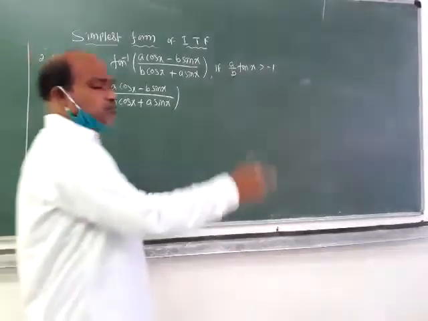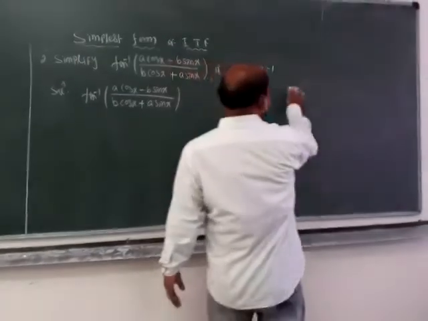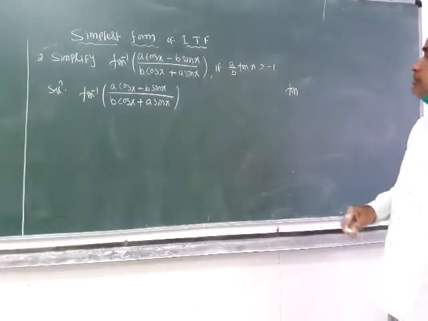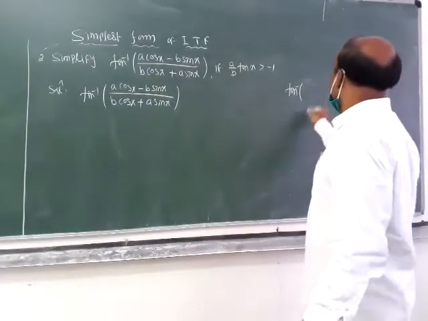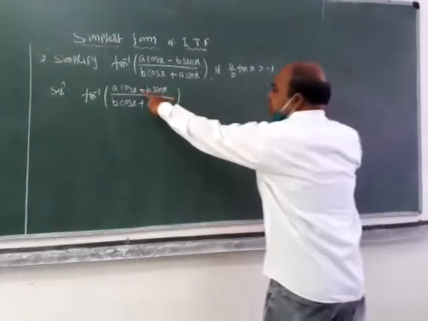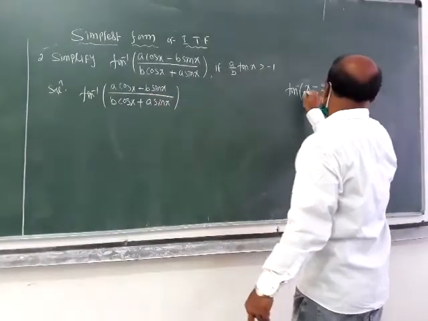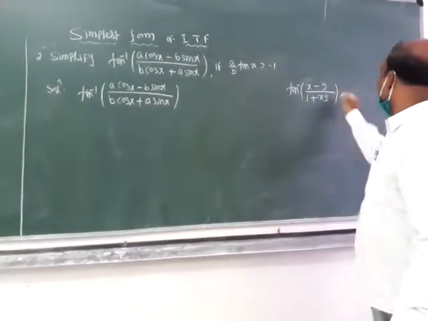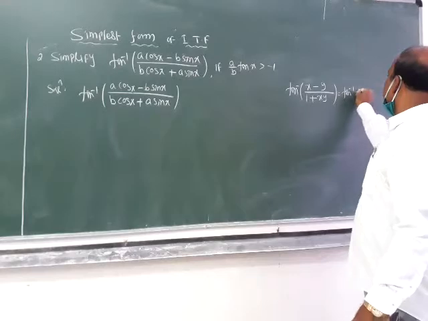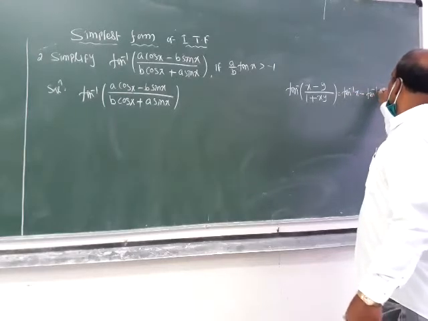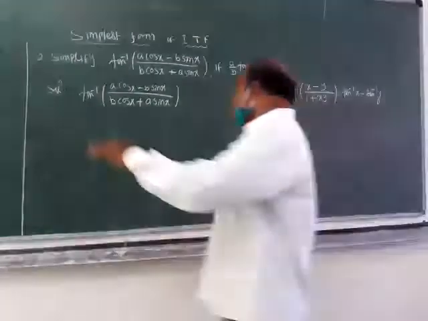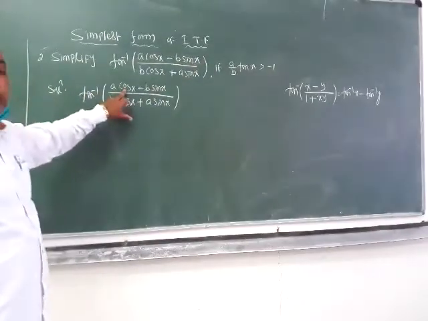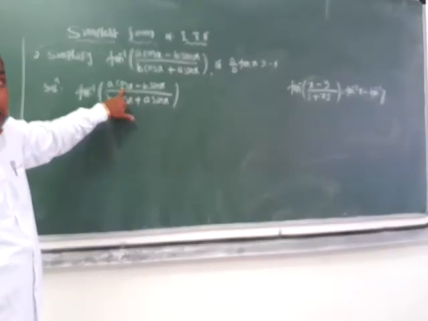Before that, one point I say here. We know that tan inverse x minus tan inverse y is equal to tan inverse of (x minus y) upon (1 plus xy). Be careful. When a and b are not there, directly you divide with cos x in both numerator and denominator.